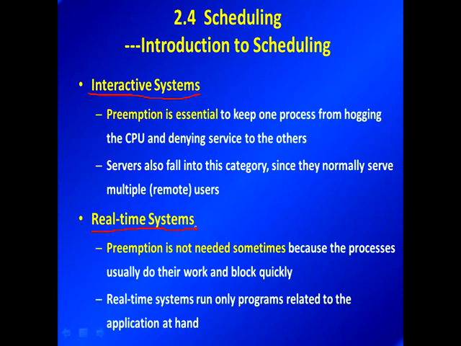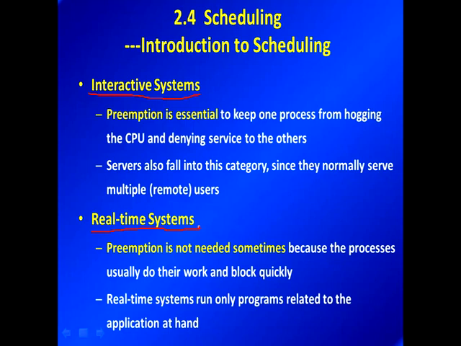And the last type is real-time systems. Some of you might think that in real-time systems, some jobs have to be finished before the deadline, so it sounds like we should take the non-preemptive algorithm so that the current process in the CPU can finish its job.